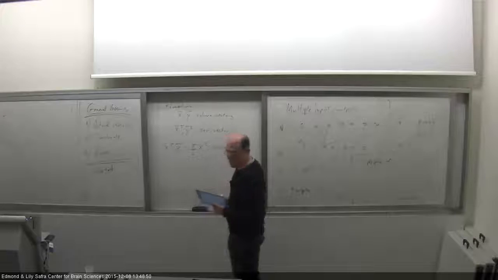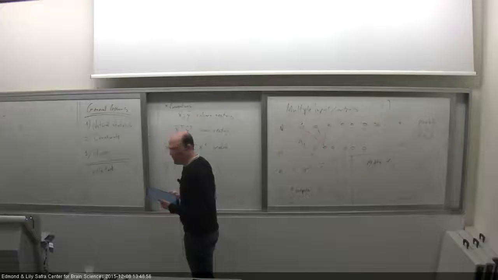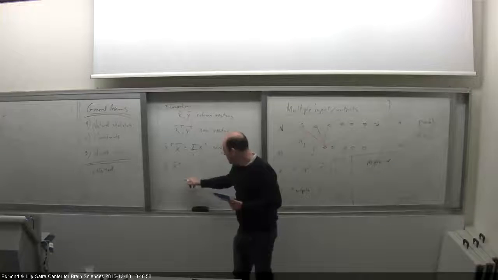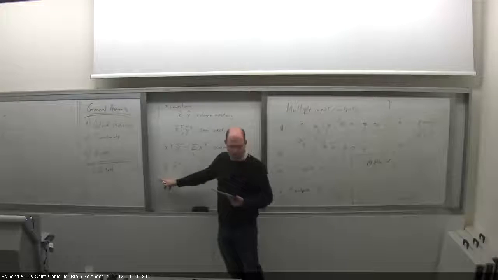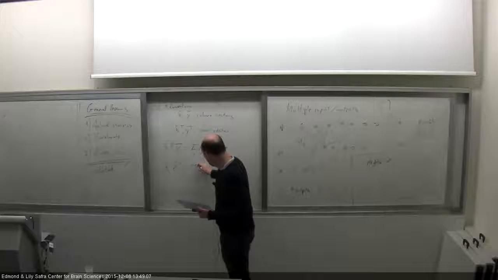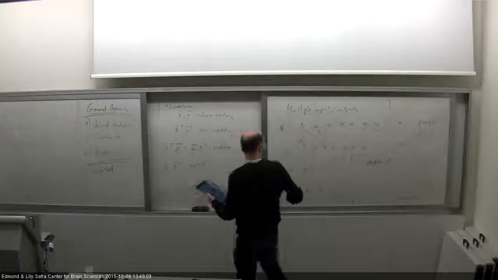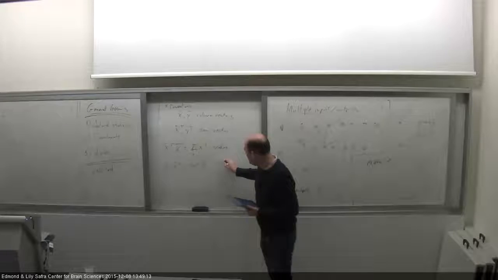That's a number. But I will also use another notation where I will write something like X times X transpose sometimes. So this is a column, and next to it a row. And what I will mean by that is that this is a matrix. X has dimension n, so this is going to be an n by n matrix.